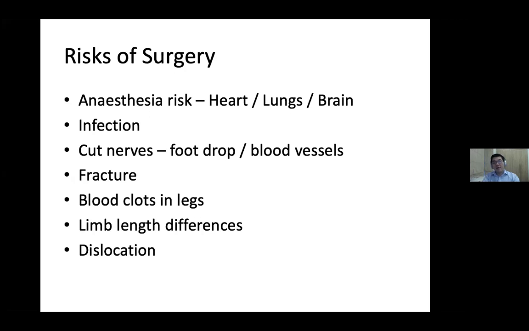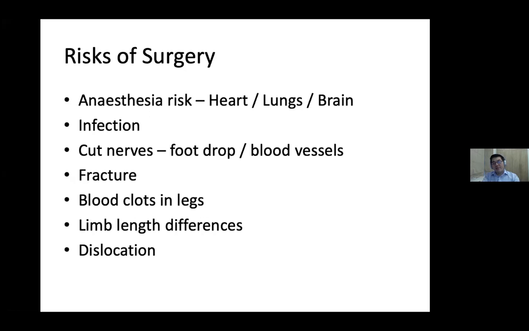In my case, my infection rate is roughly in that ballpark figure, and it's really statistical, because more often than not, this infection risk is due to other causes, potentially like urine infections or other forms of infections, which then cause seeding of the area with bacteria.